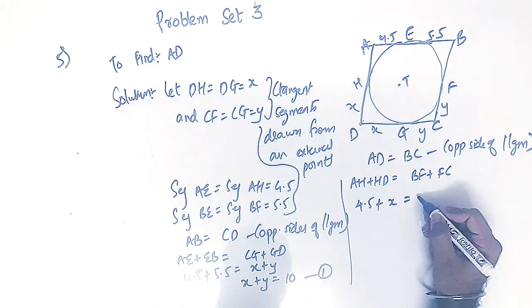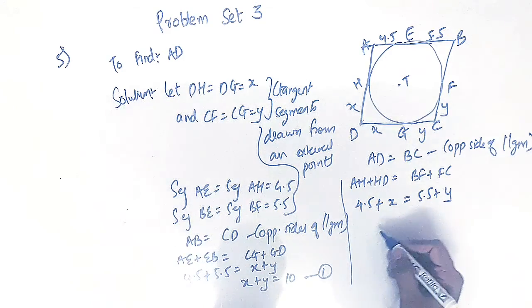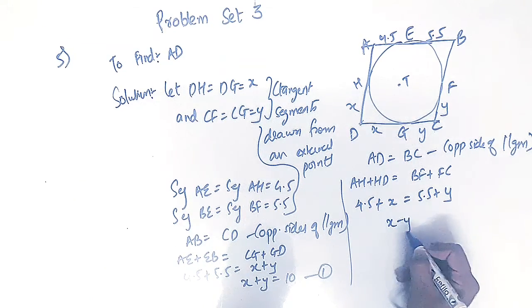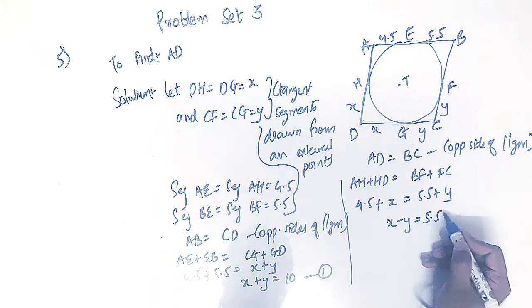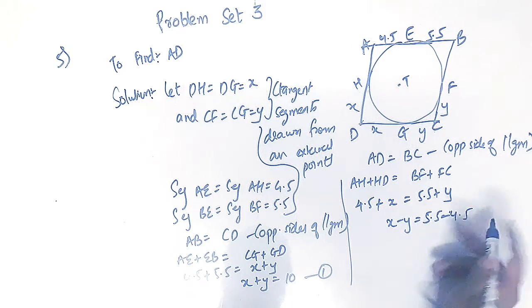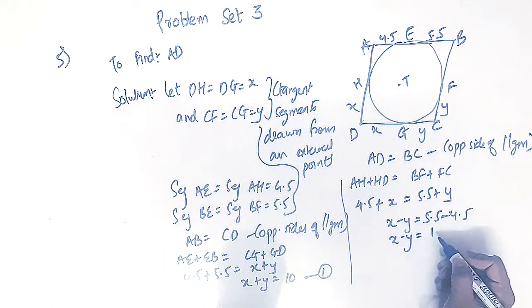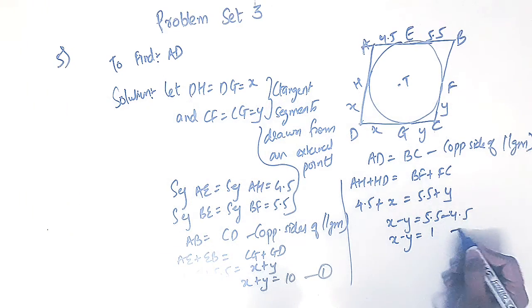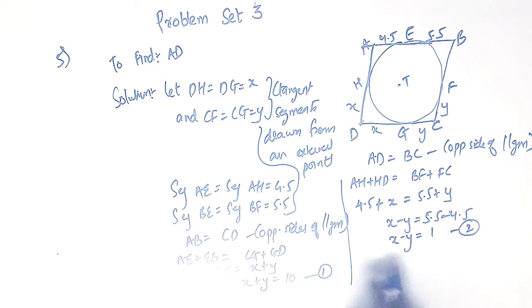X. BF is how much? 5.5 plus FC is Y. So if I bring Y here, it will be minus Y and the constants I'll take in the RHS, 5.5 minus 4.5. So X minus Y equals 5.5 minus 4.5, which is 1. This becomes your equation number 2.